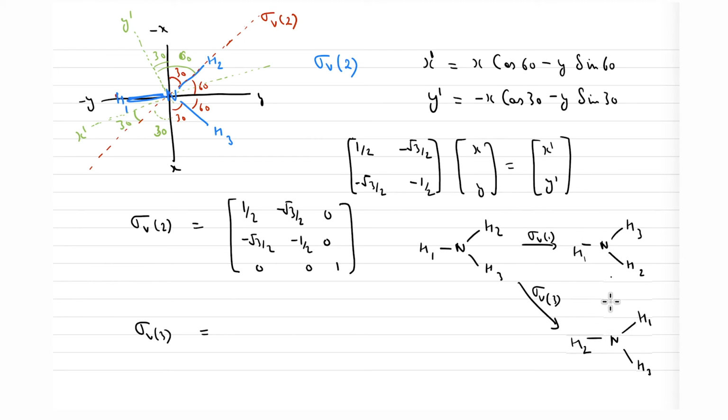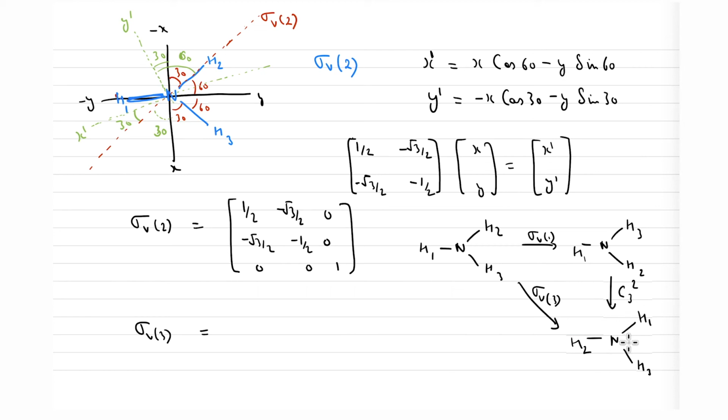Now if I want to go from here to here to identify the factors of sigma v3, all I have to do is see H3. I have to take H3 here, and then H1 here and H2 here. That tells me it's a C3 square rotation anticlockwise, right?